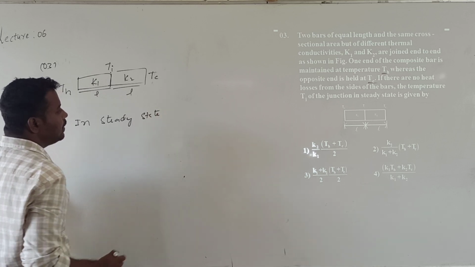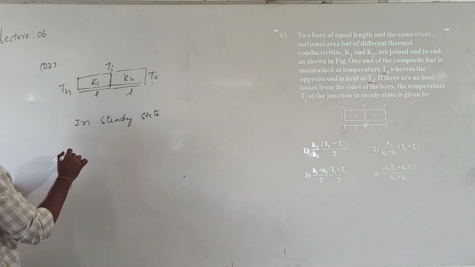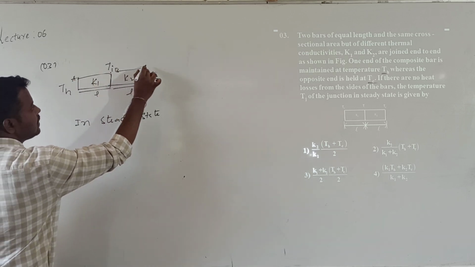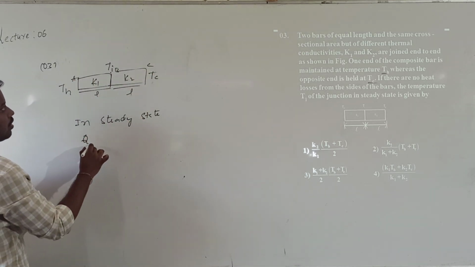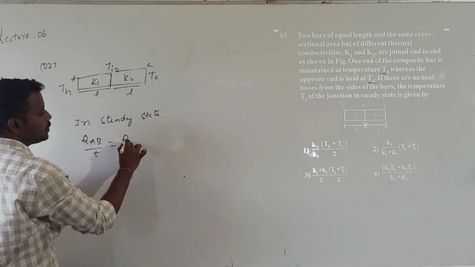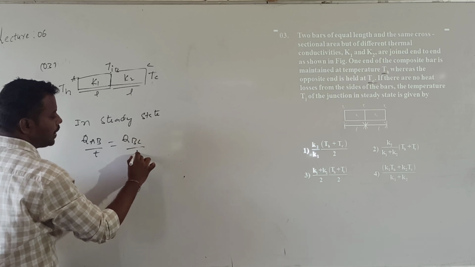Otherwise, in steady state, what can I write? If I call the points A, B and C, then heat transfer across AB is equal to heat transfer across BC in the same time.